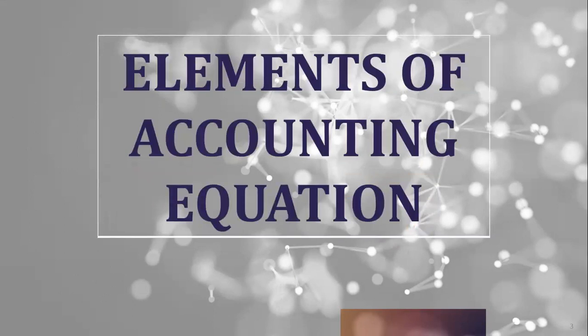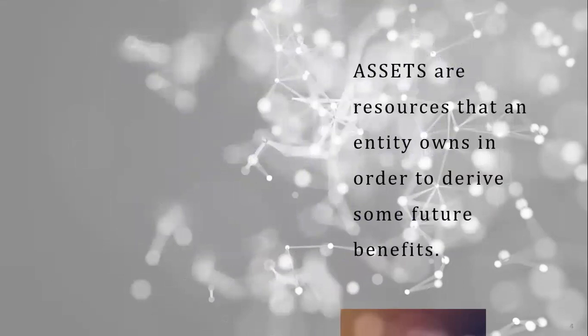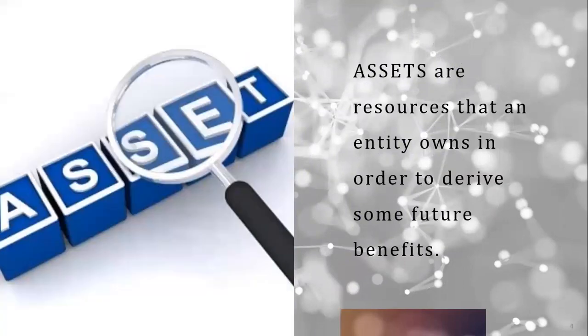So what are the elements of the accounting equation? First, we have assets. Assets are resources that an entity owns in order to derive future benefits. These assets are used by the company in its normal operations, such as the manufacturing of goods or delivery of services.